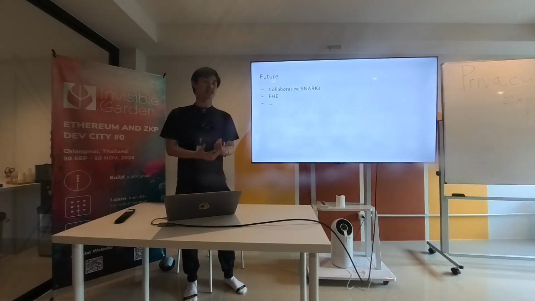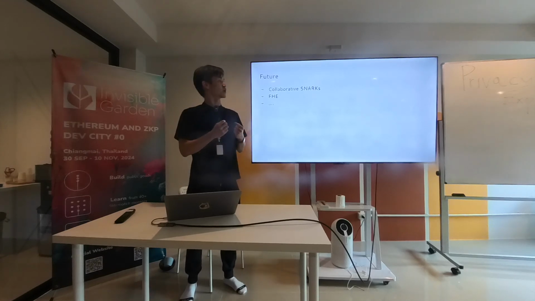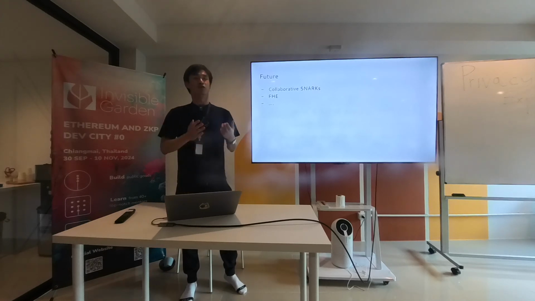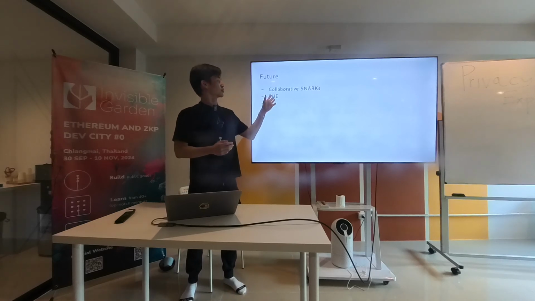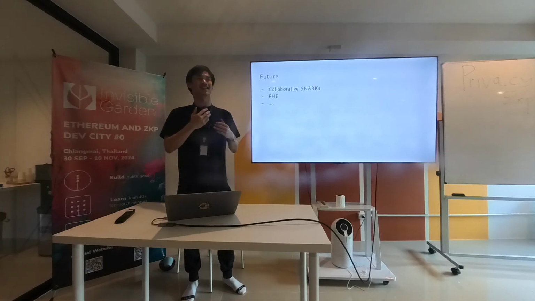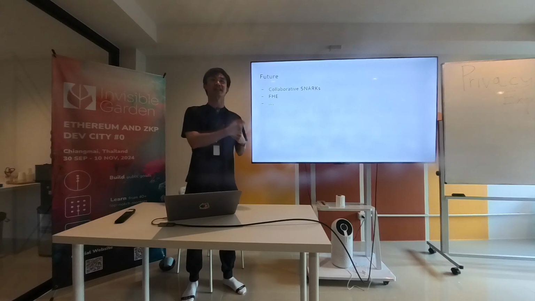We can do FHE, because the bad thing about MPC is that everyone needs to be online. We kind of avoid that using the client interface as explained, right? But in FHE, we don't need to be online at all. We can just encrypt data, send it to a centralized server, and they do the computation. To make FHE verifiable is another problem, because you need to figure out how to prove that FHE computed correctly the function that you want, right?